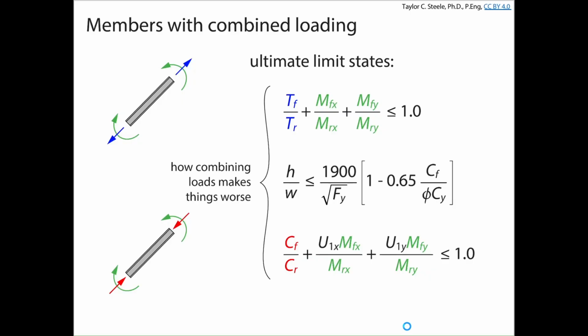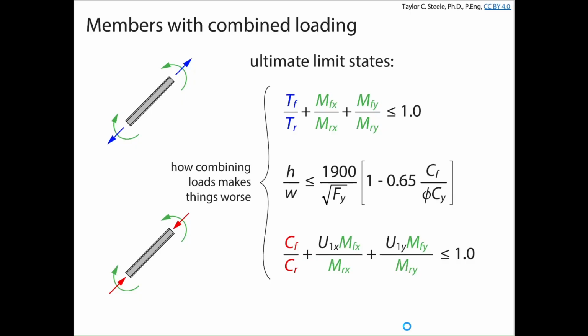We looked at linear strength interaction, which was for class 3 and 4 sections. And we looked at nonlinear interaction, which is for class 1 and 2 sections. When we can develop the full plastic stress distribution above and below the neutral axis, we get terms of 0.85 and 0.6 on MFX and MFY to account for the nonlinear interaction, but then we also have to check bending only strength.